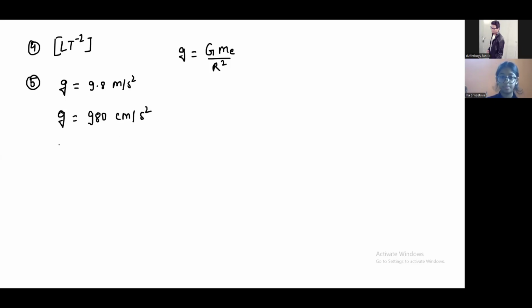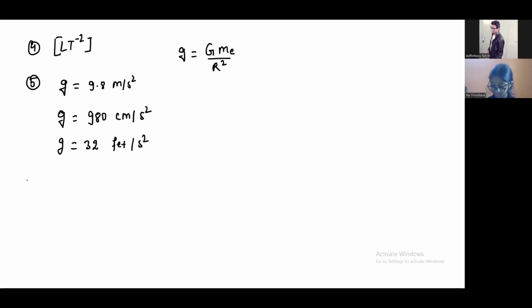Sometimes we use feet, so 32 feet per second square. These are the three values which are important for us: first is the SI unit, second is the CGS unit, and third is the FPS unit.